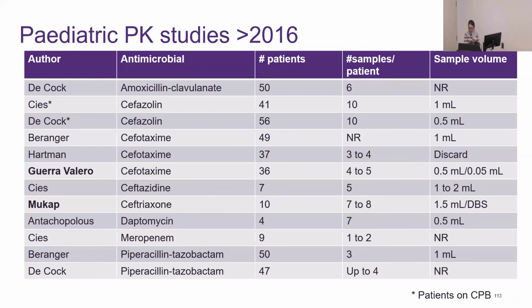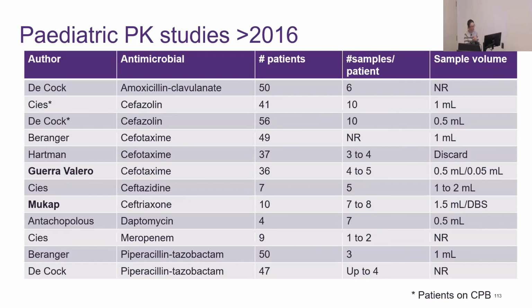There's an increase in the number of samples per patient. You'll notice the 2nd and 3rd studies in Cefazolin, those patients are on cardiopulmonary bypass, and so collecting 10 samples per patient is probably less of an impact on those particular patients. But certainly this increase in number of samples per patient is likely to improve the accuracy of pharmacokinetics.